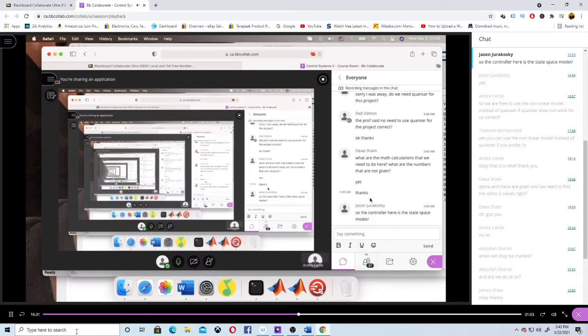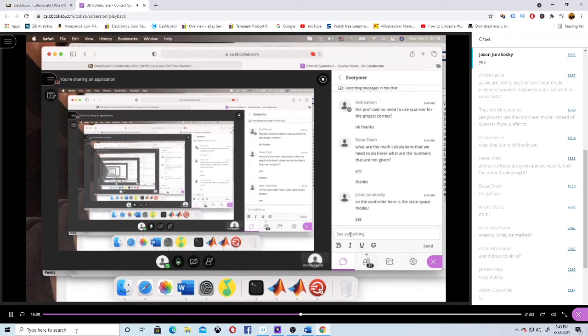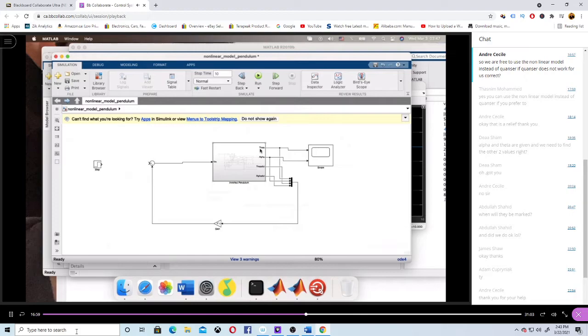Is that clear? Maybe you also need to use an observer, because the physical system of this pendulum will only give you two angles, the angle of the rod and the angle of the rotary arm. It will not give you the angular velocity of the rotary arm and the rod.